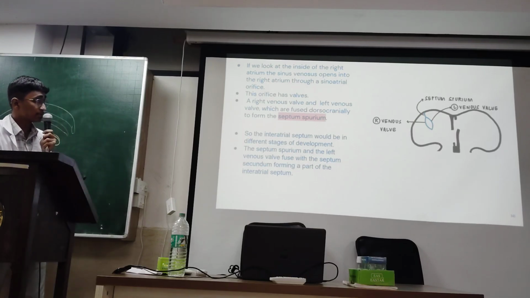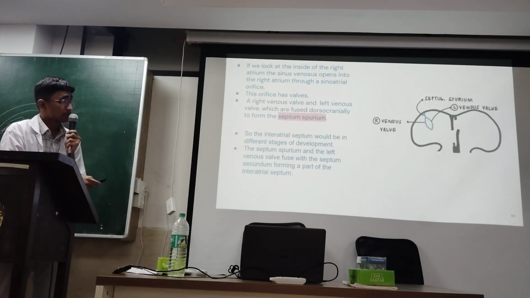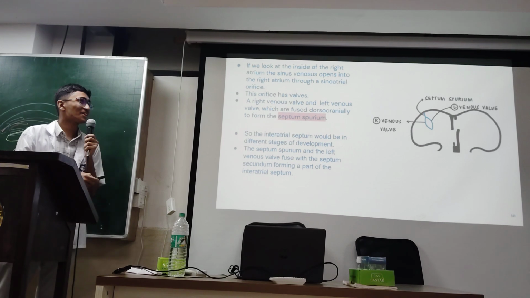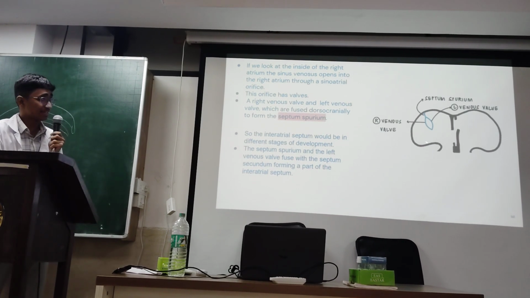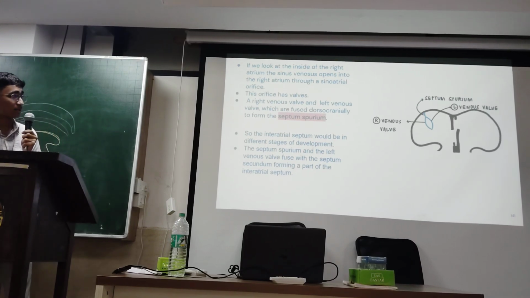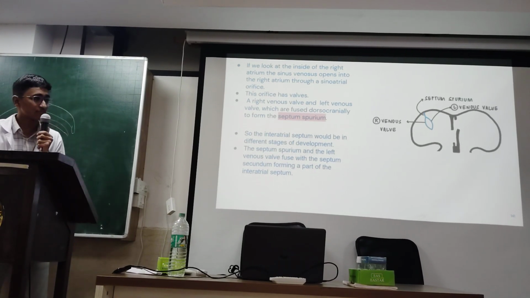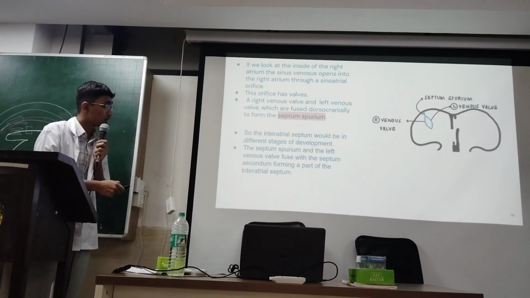The orifice has two walls, the left venous wall and right venous wall, and it has a dorsocranial support called the septum spurium. The septum spurium and left venous wall will move to this side and develop into the interatrial septum, and the right venous wall's superior portion will degenerate and its inferior portion will convert into the walls of the coronary sinus and inferior vena cava.